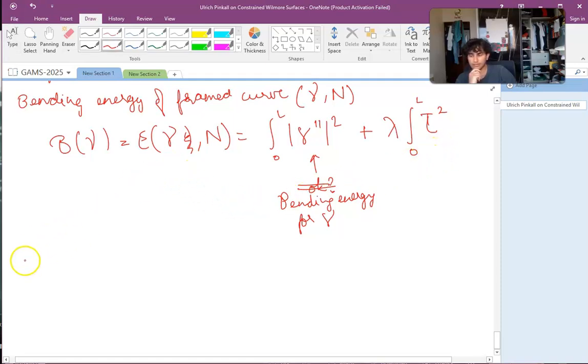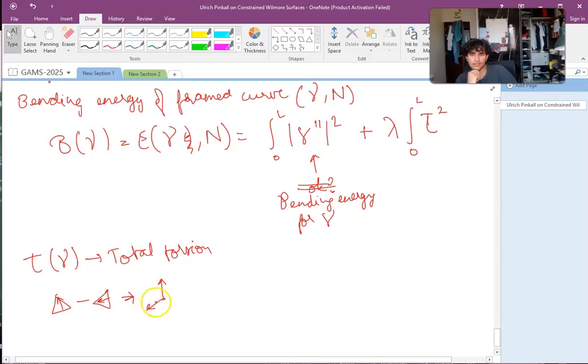And we define tau as the total torsion, when it is a difference in angle. So I had a triangle like this, right? This is the example I was taking, giving you this angle like this. So total torsion is given by theta in this case.